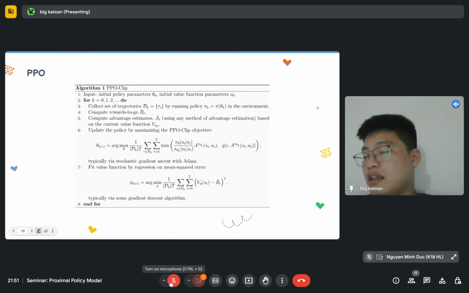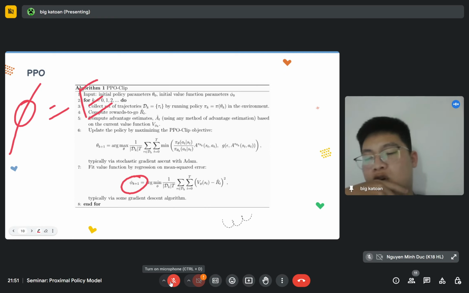Okay, and then at the last part, we calculate the regression, calculate the value function, theta k plus 1. This one is not theta; we can know this symbol is equal to the estimated model.